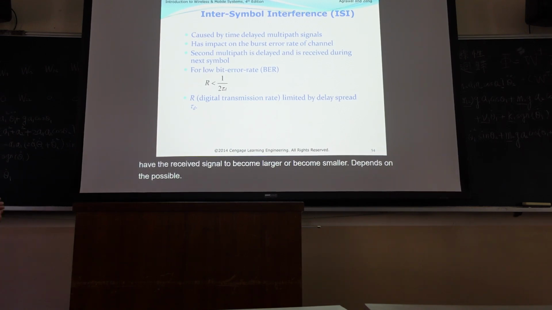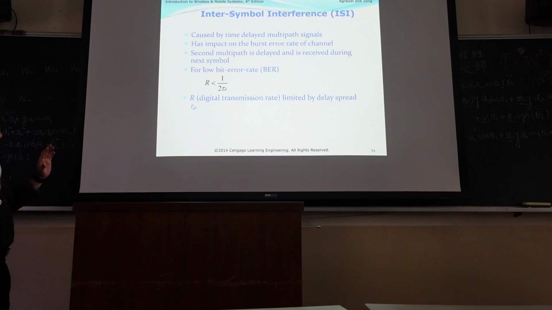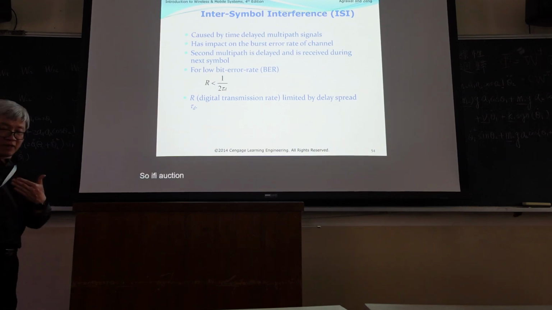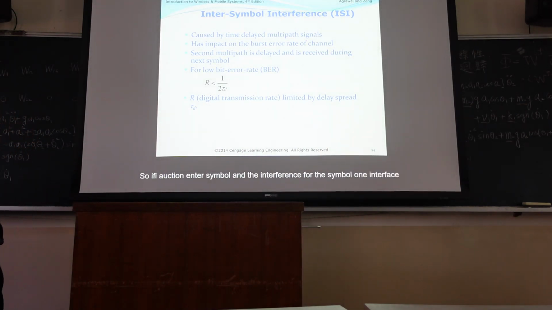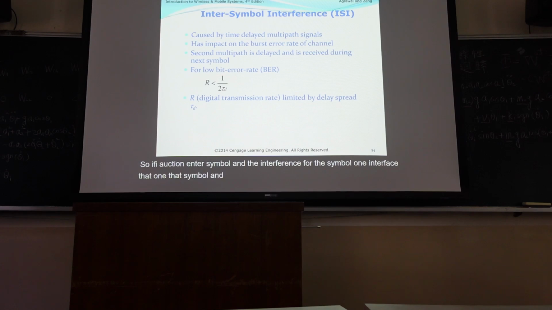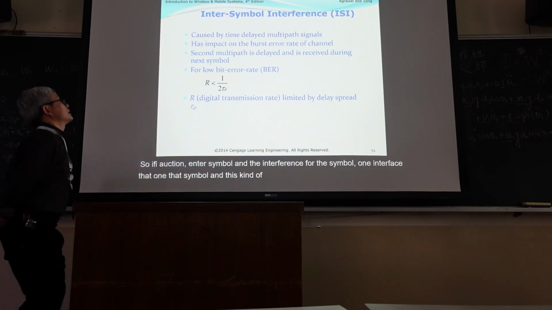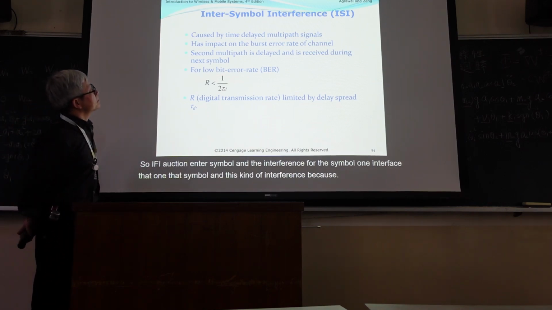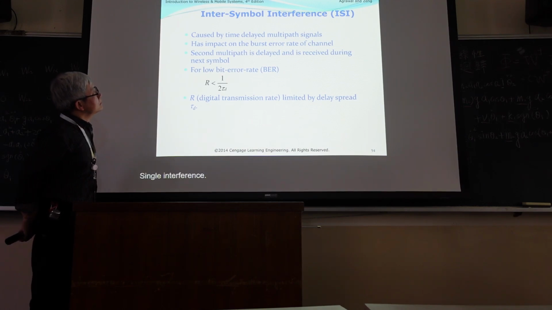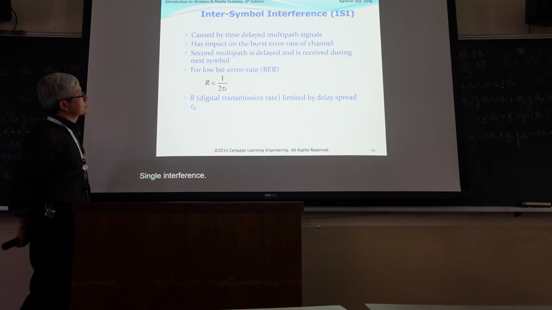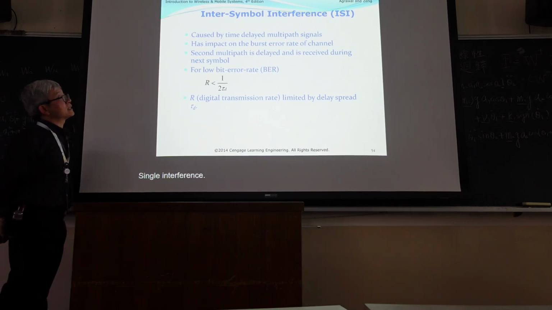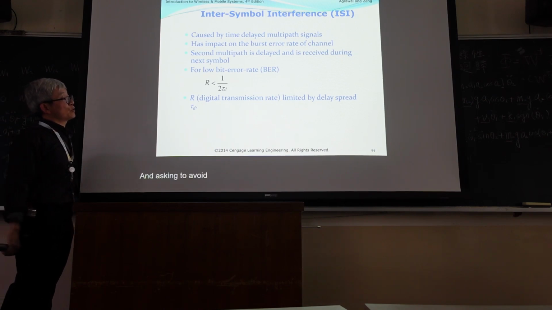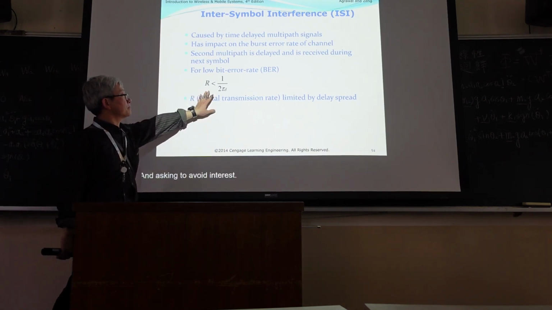So, ISI: the interference from other symbols will interfere with that symbol, and this kind of interference we call inter-symbol interference. And to avoid inter-symbol interference, we should follow a relationship.